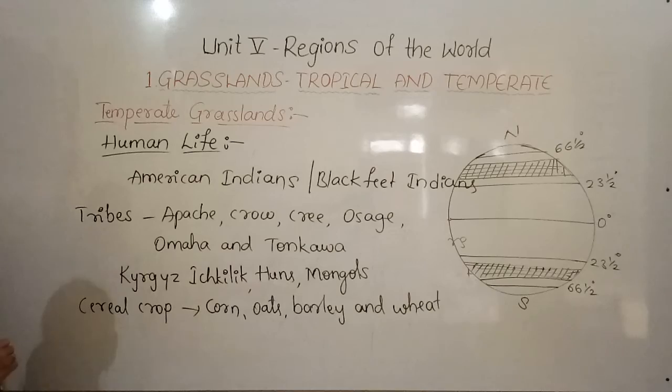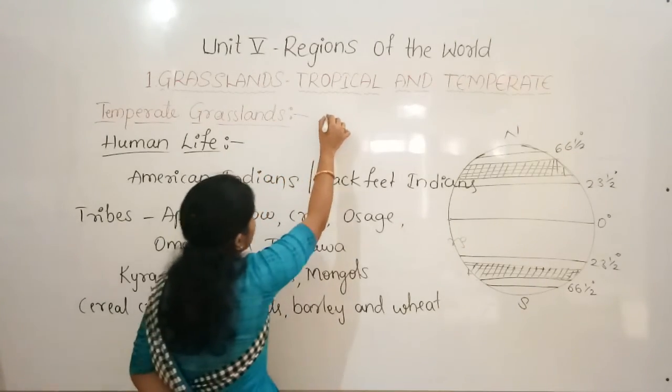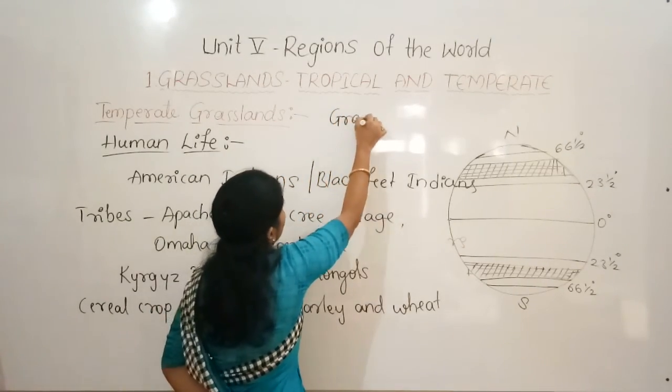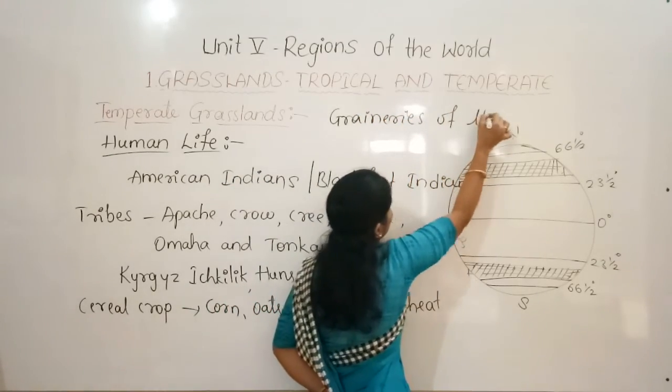These temperate grasslands are the largest corn growing regions of the world, and they are called the granaries of the world.